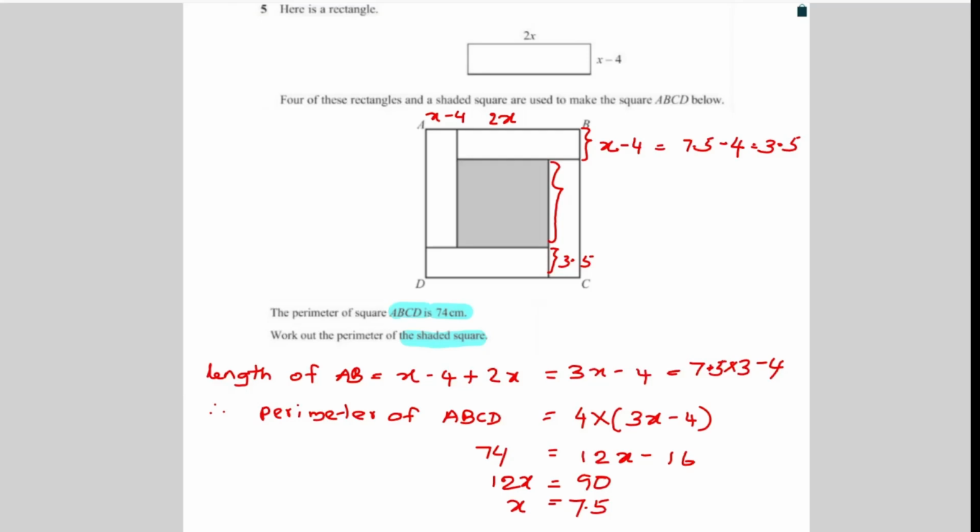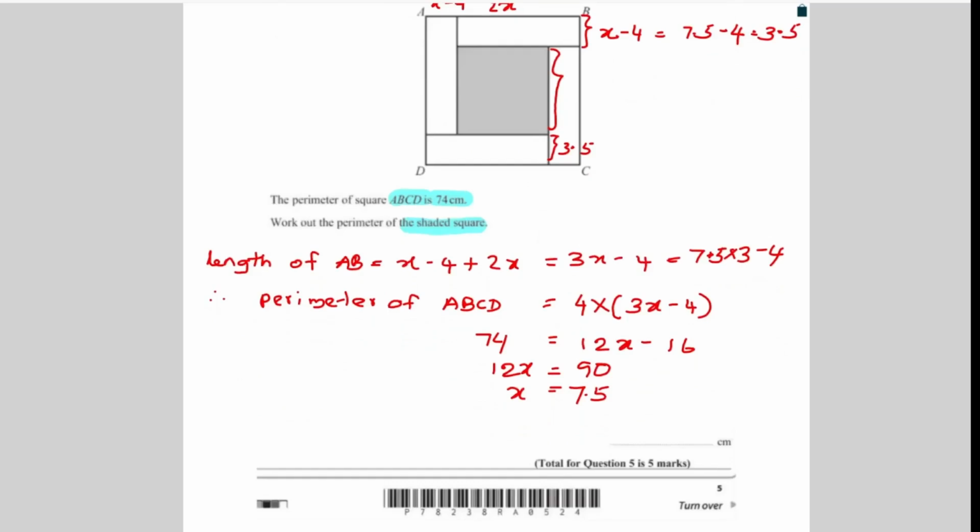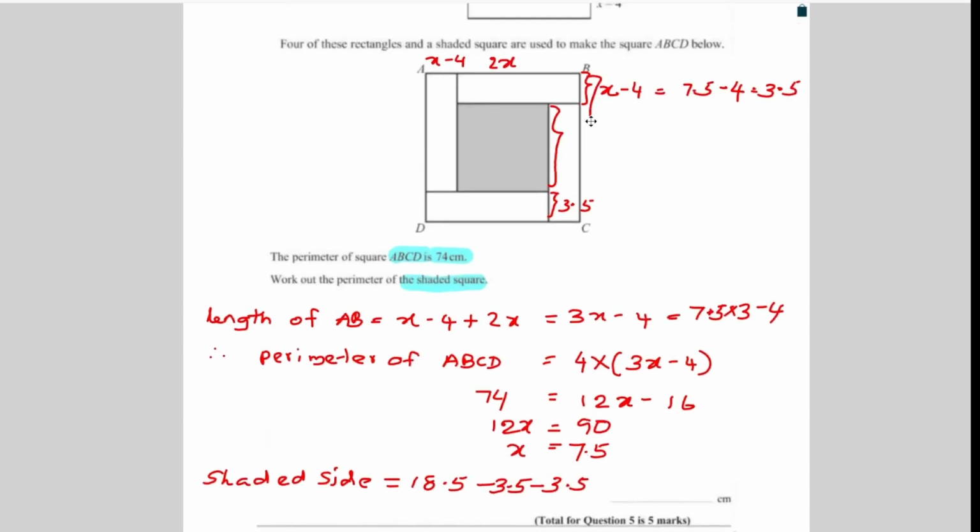Then to get this length, let's get the shaded side. Shaded side equals BC, which is 18.5, minus 3.5, minus 3.5. Okay, this full length is 18.5.